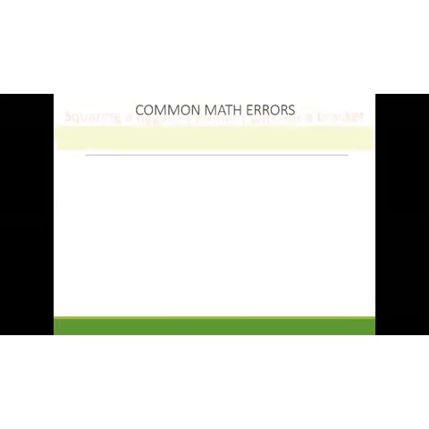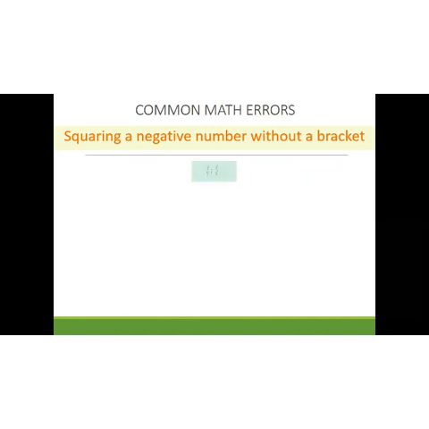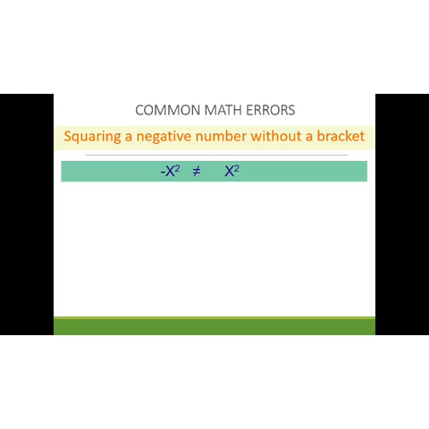So let's talk about squaring a negative number without a bracket. How does it work? It's common for people to believe that when you have a minus sign in front of a number and then you square it, automatically the minus sign becomes positive, because minus times minus is plus and all that.